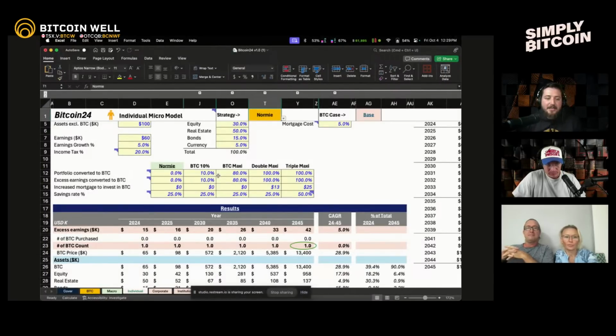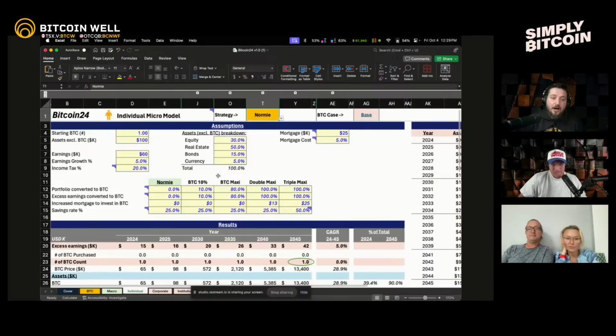A BTC maxi, as Saylor calls it, converts 80% of their portfolio to Bitcoin. What me and Opti are, double maxis, 100% of your portfolio to Bitcoin. And a triple maxi is someone who converts not only 100% of their portfolio to Bitcoin, but also starts to leverage some of their assets in order to pick up even more Bitcoin.